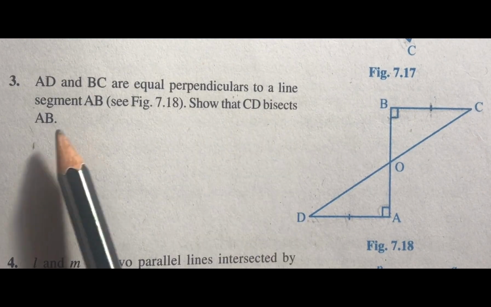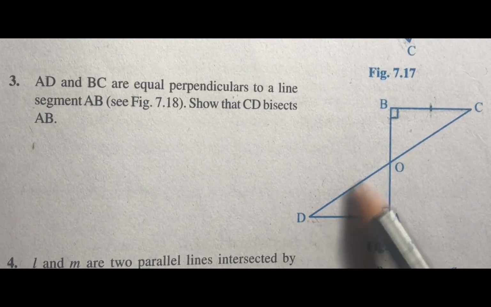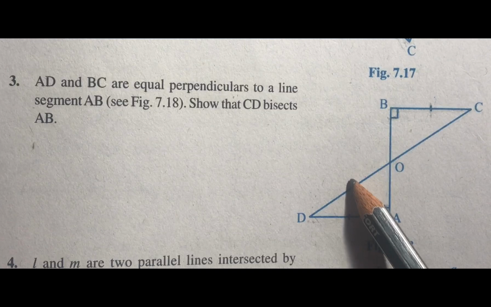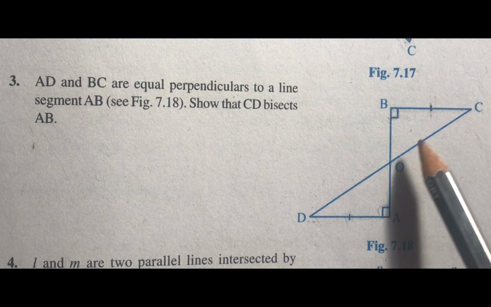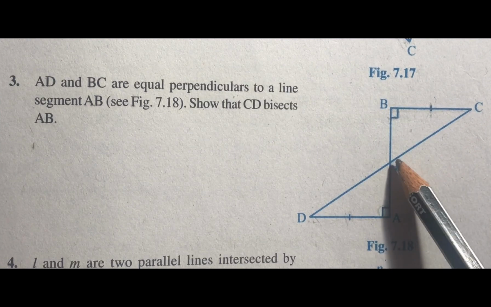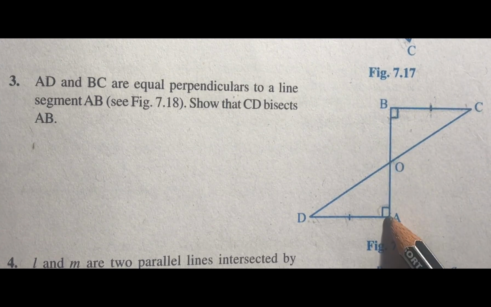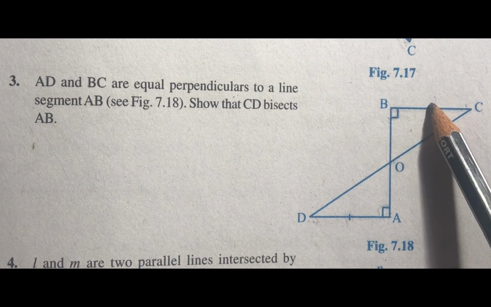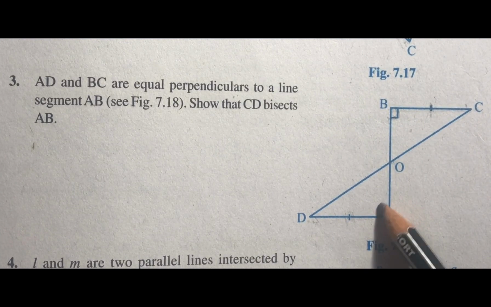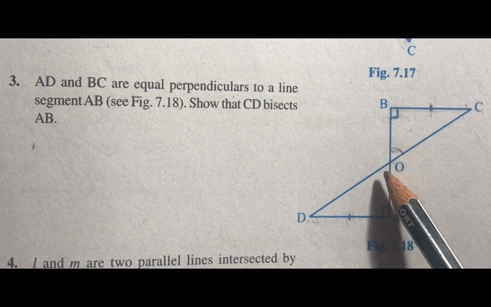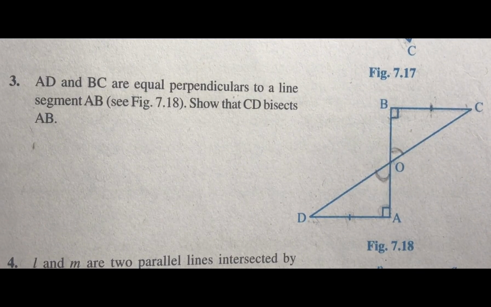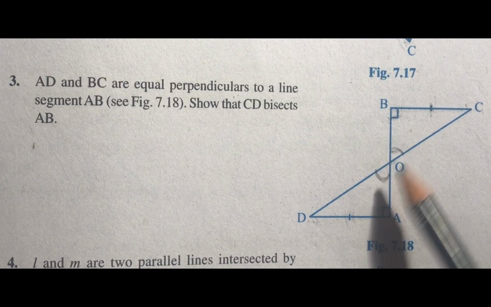Show that CD is bisected by AB. So we have to prove OD equal to OC. See, in triangle OBC and OAD, these sides are equal and these angles are equal, 90 degrees, and also these two angles will be equal by vertically opposite angles.